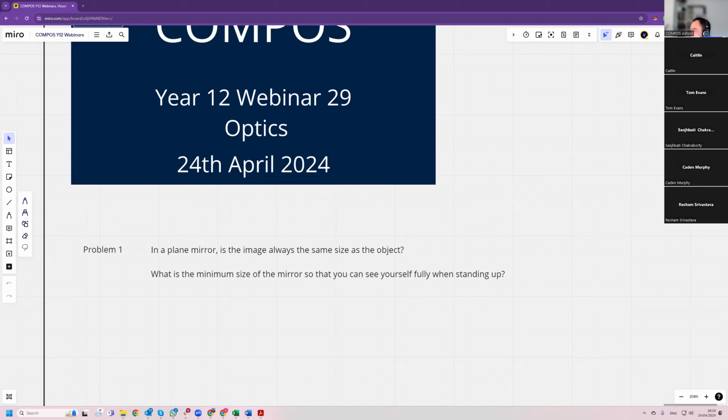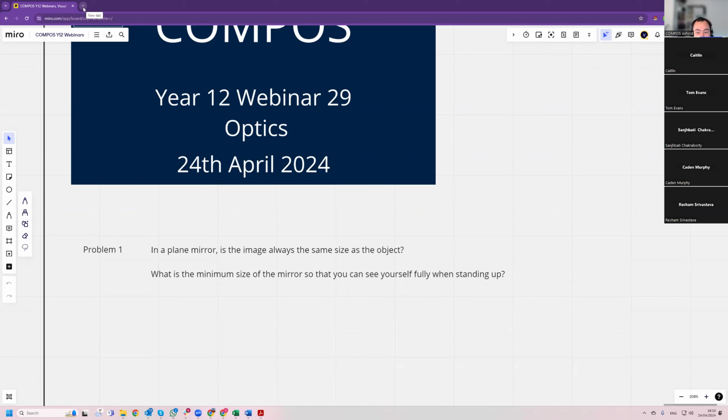Is the reflection the same size regardless of distance? Well, I don't know what you mean by reflection. A reflection is not a thing. Are you referring to the image, the image that you see in a mirror?